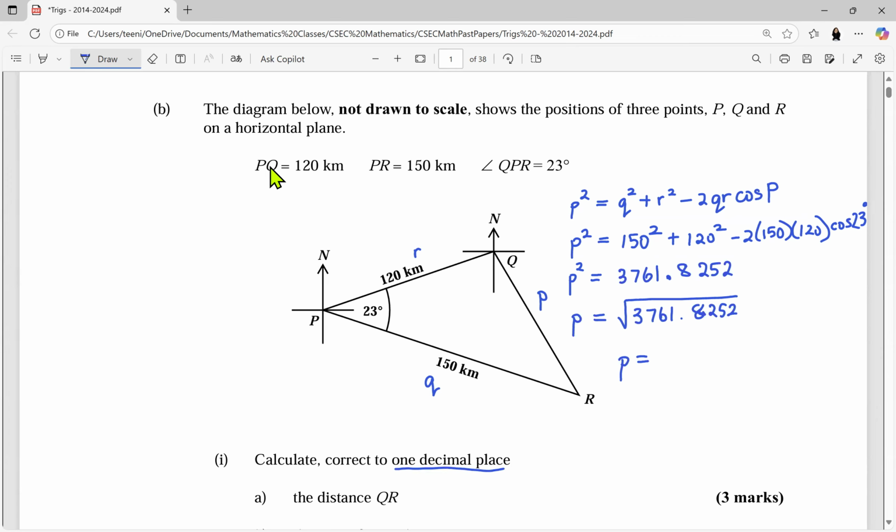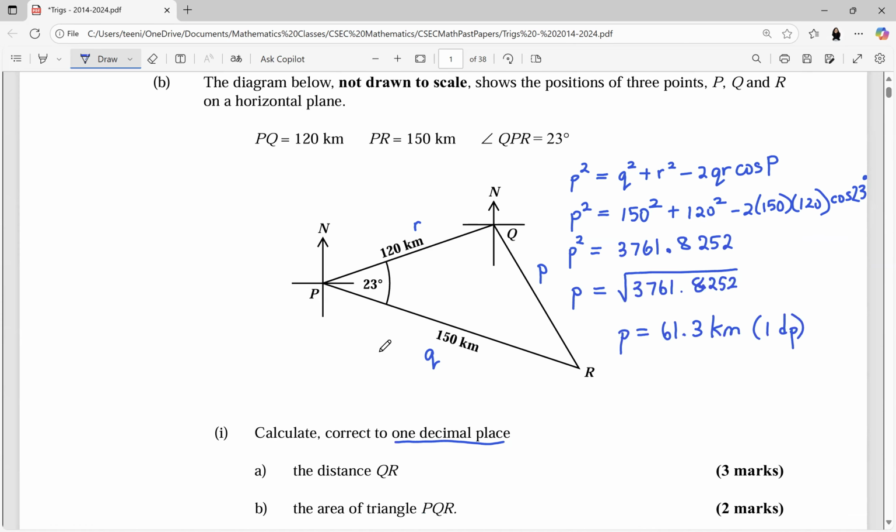So I got 61.3 km, taken to one decimal place. Anybody got that? So the distance QR is 61.3 km to 1 decimal place. Excellent.